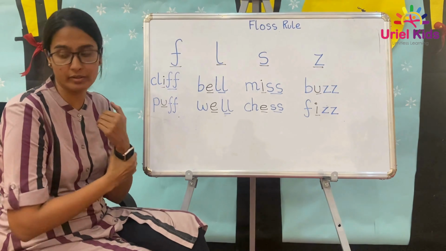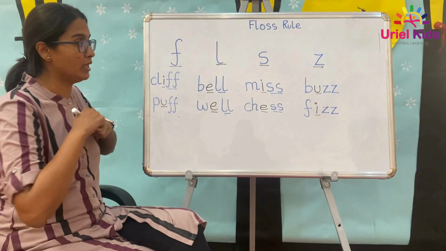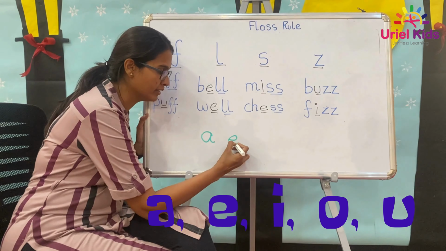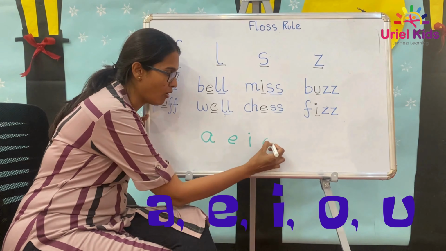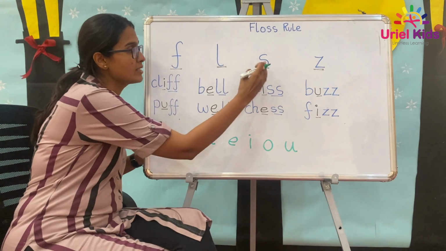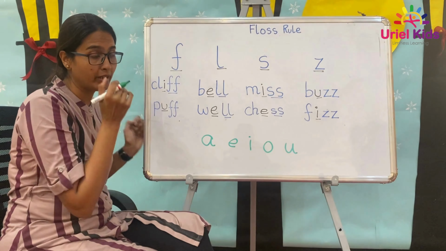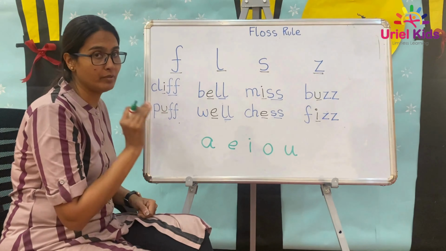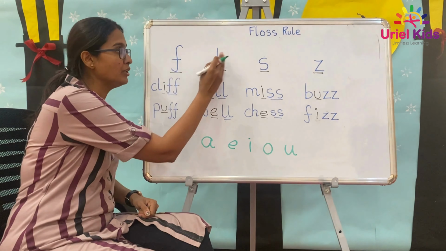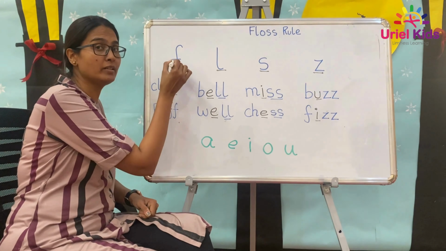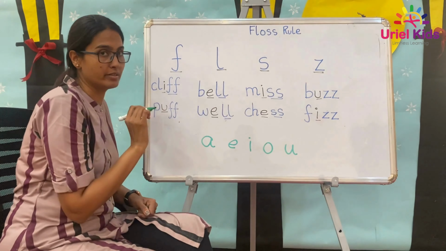Whenever you hear any short vowel sound like a, e, o, before these consonants, you will be doubling these consonants.